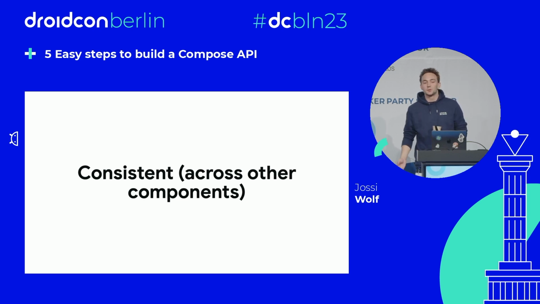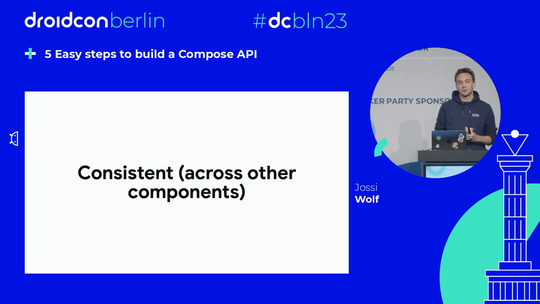This goes back to developers choosing the path of least resistance, where they always want to go for the thing that's easiest to do, right? And if something is an unknown pattern, it will be much harder to do. So consistency is very important.